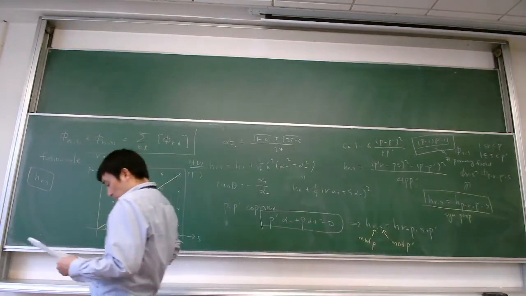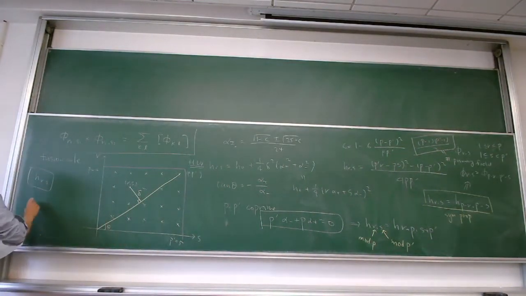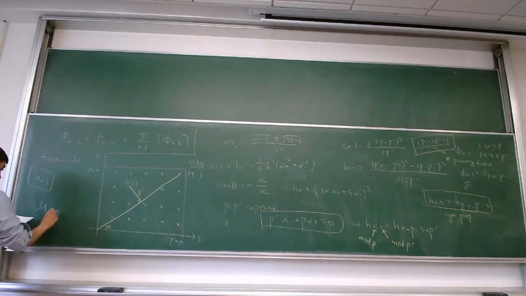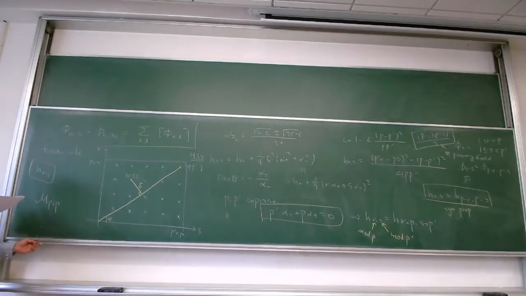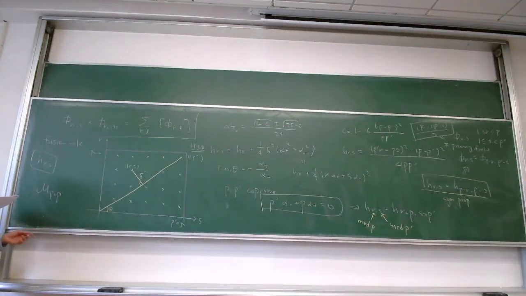And this minimal model is called, in my notation, M_(p,p prime).